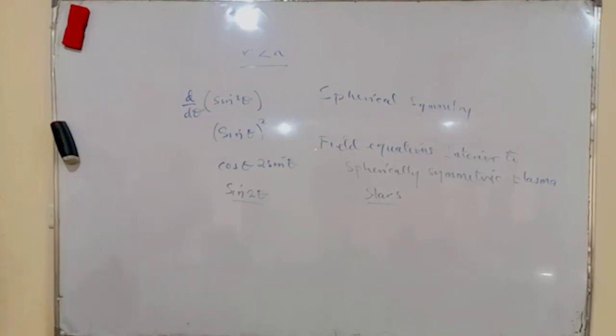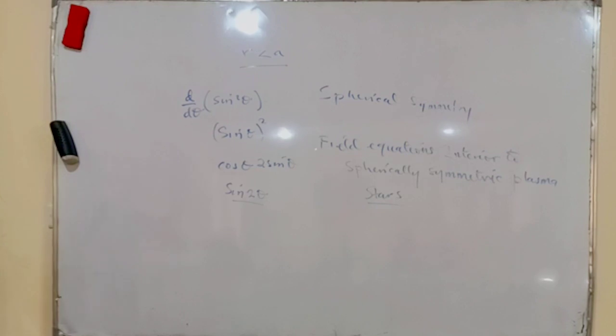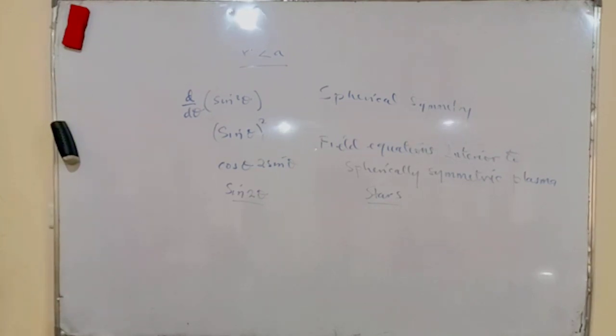Are you getting the point? It's only the star's interior that is populated, that is dense. The exterior is not populated. Okay, it makes our problem easier. If we consider an exterior that is populated, it will be more complex.